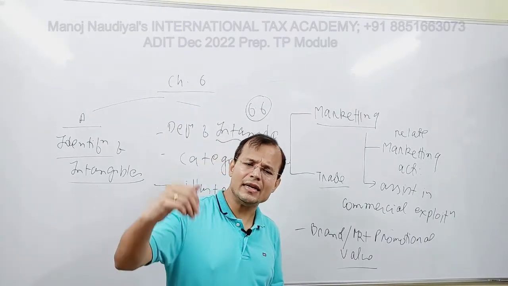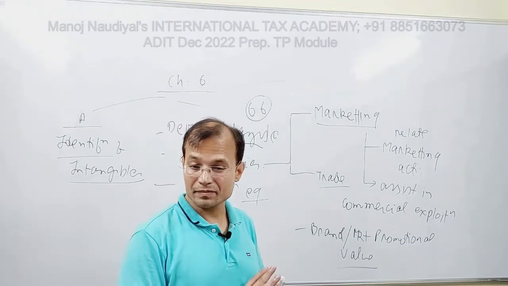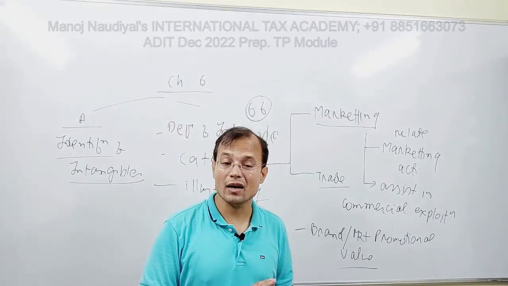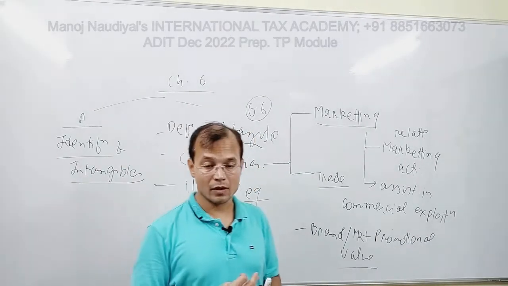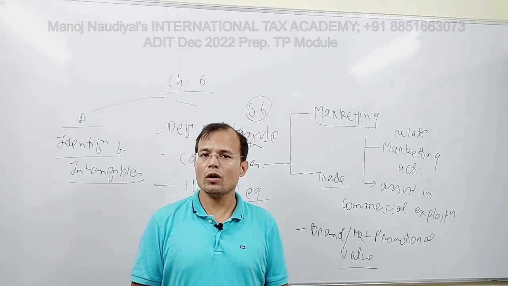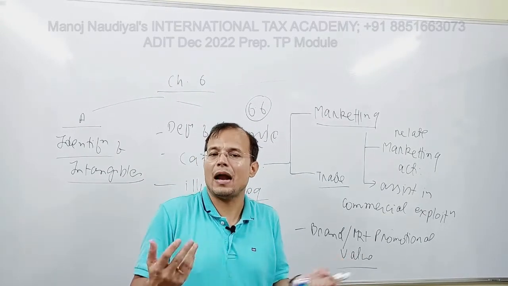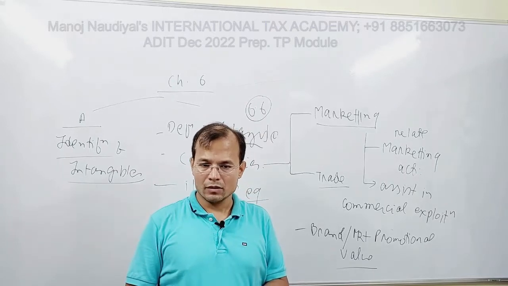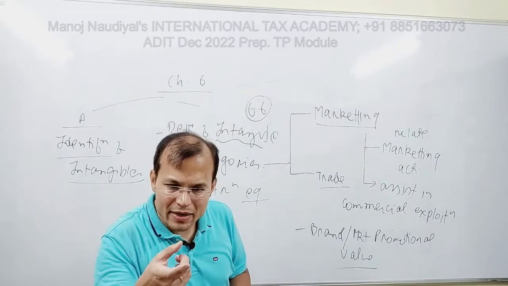Other category, trade intangibles. Trade intangibles are any intangibles apart from marketing intangibles. Patents. A patent would be a fit example of a trade intangible. Because patents, you do not know the patented technology, people don't know. It doesn't have a brand value as such. The medicines which you use would have patented compounds.